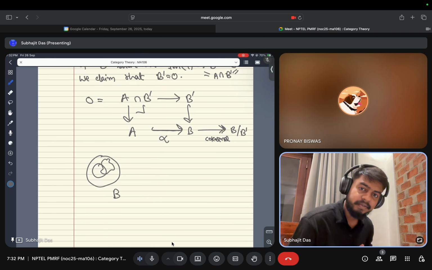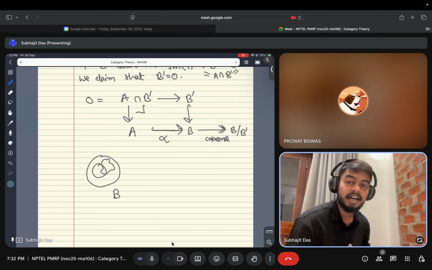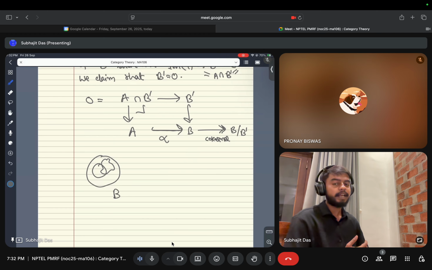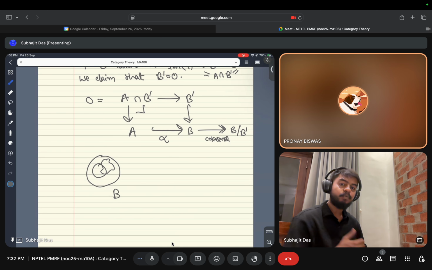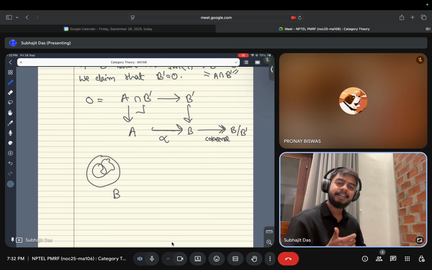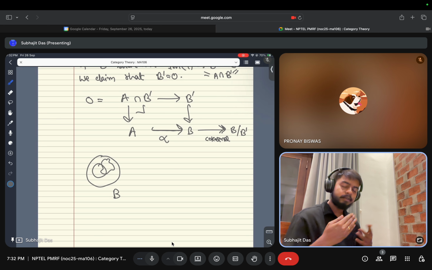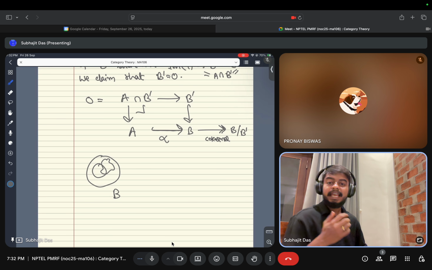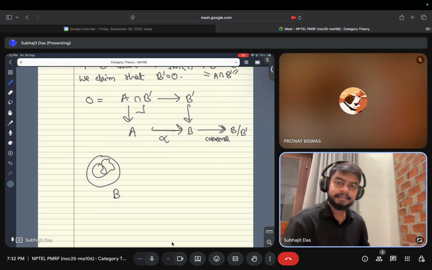This would be a monomorphism provided the kernel of this composition is 0, right? And what does that mean? Alpha is already given to be a mono. That means whatever is in the kernel of the epimorphism, the image of alpha cannot intersect it non-trivially, right?